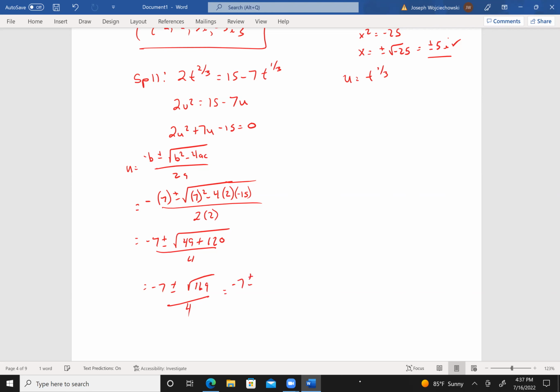Negative 7 plus or minus 13 over 4. Negative 7 minus 13 is negative 20 over 4, which is negative 5. Negative 7 plus 13 is 6 over 4, which is 3 halves.